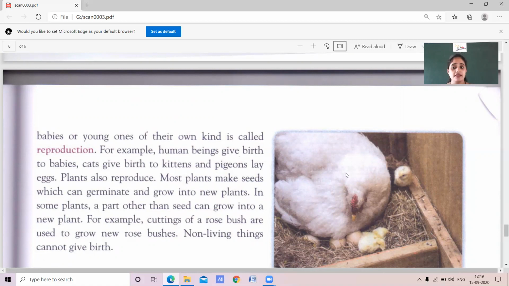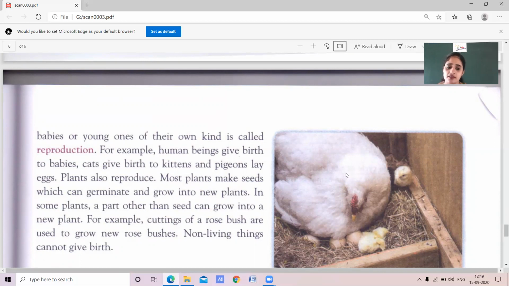In some plants, some part of the plant like the stem is cut and placed in the soil. They also start to grow. In some plants, the leaves also help to grow the whole plant. Most plants make seeds which can germinate and grow into a new plant.